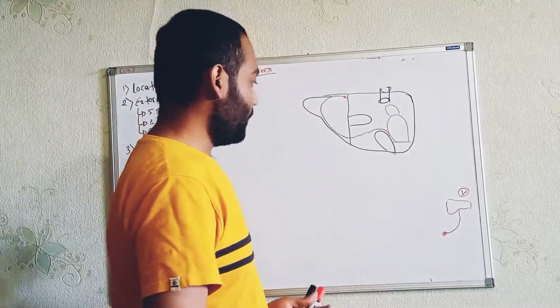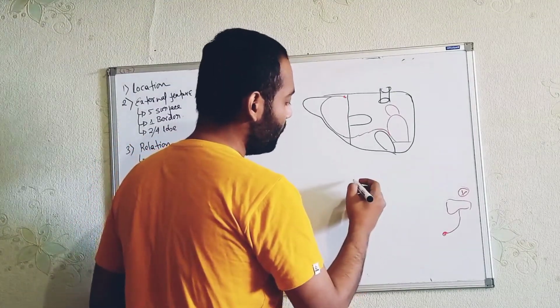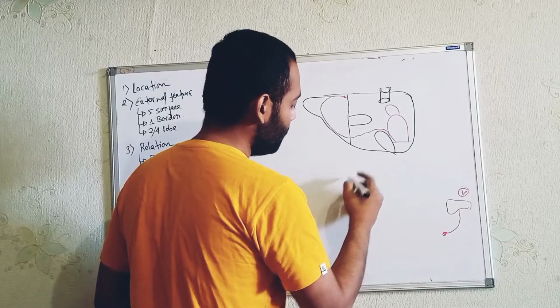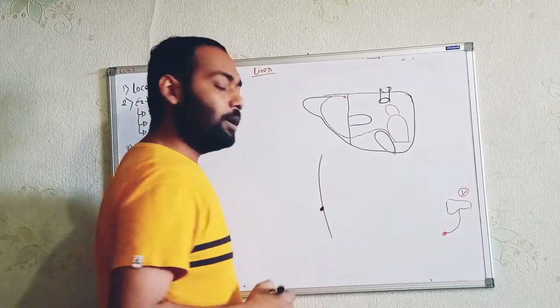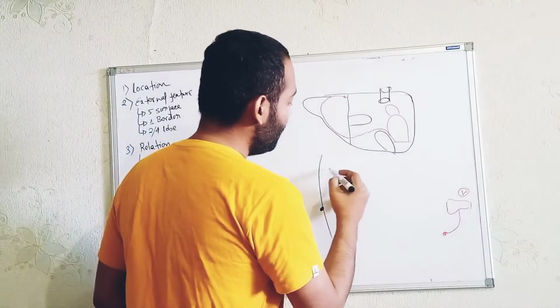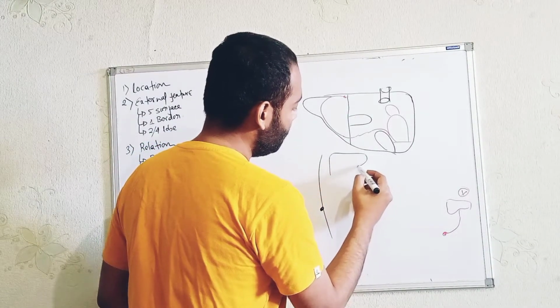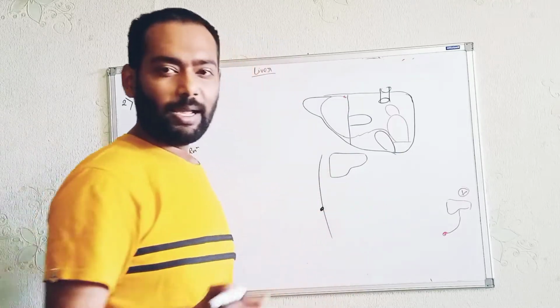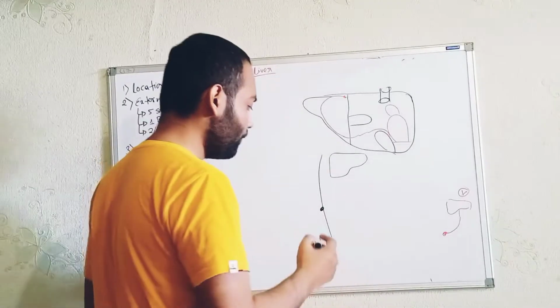Now come to here. Now think. This is our anterior abdominal wall. This is our umbilicus, and for now this is our liver. This is not an anatomical diagram, it's just to help you understand.